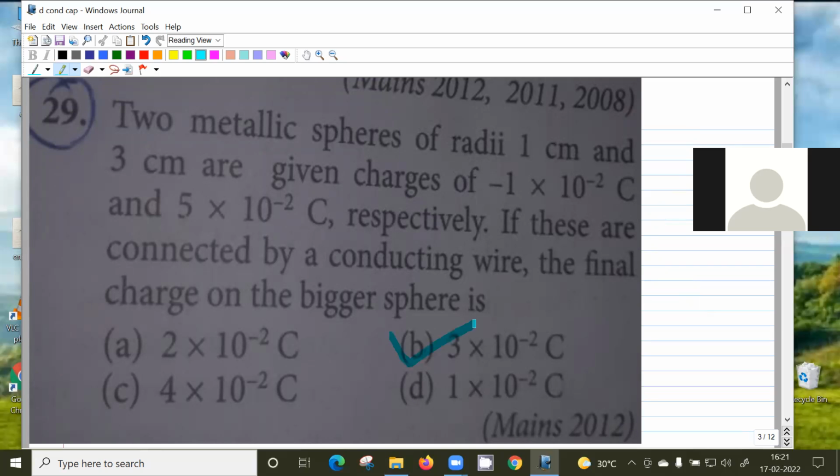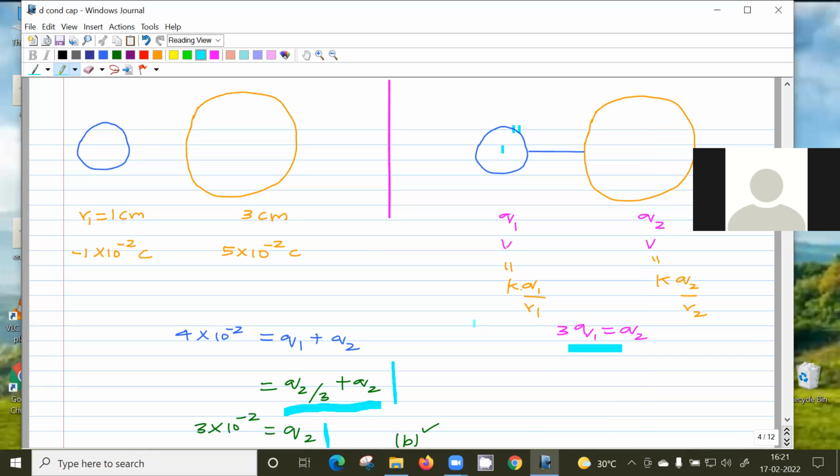As a result of potential difference, only charge transfer occurs, no, sir? See, the basic property is a conductor will have a uniform potential throughout its body. Another conductor also has its own potential.